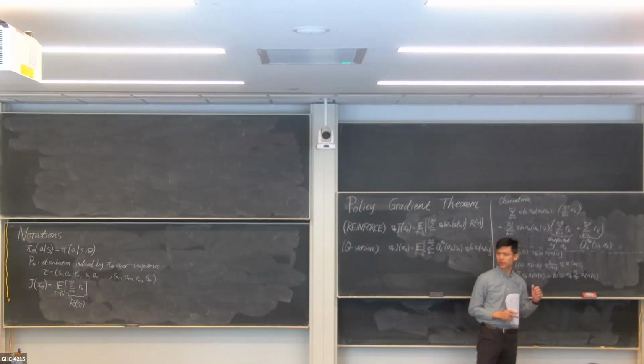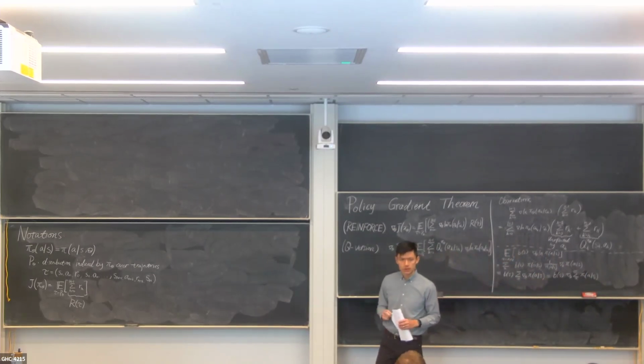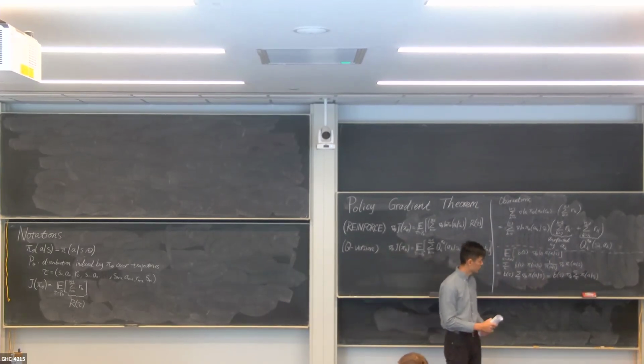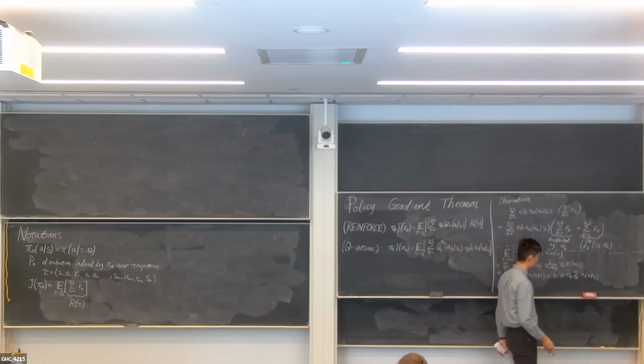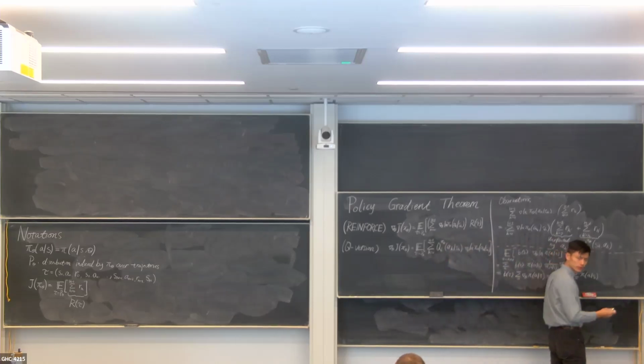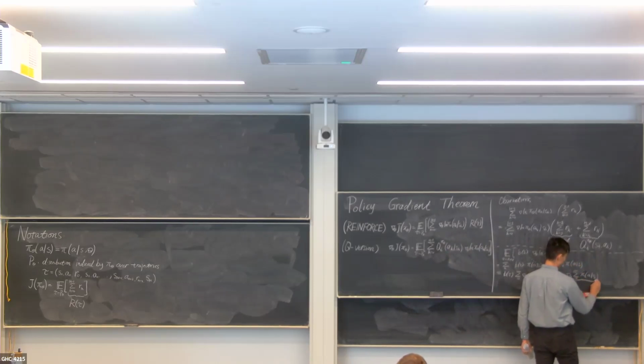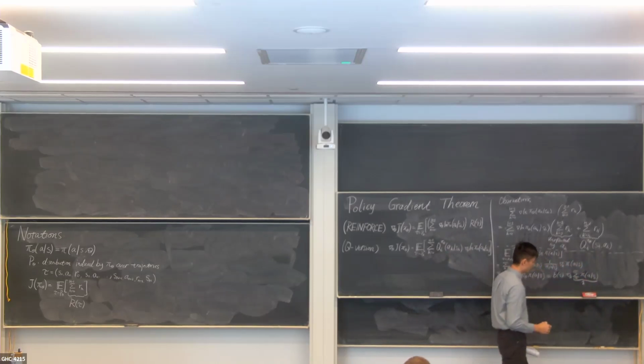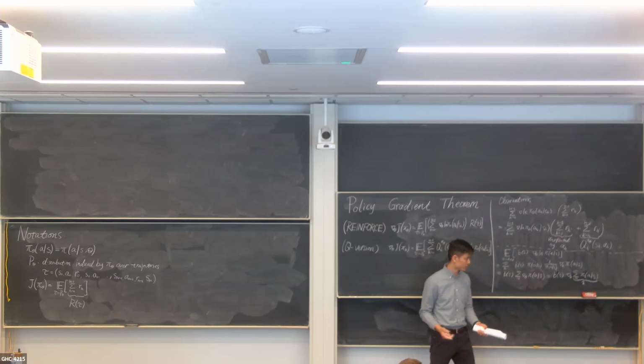What do you think the gradient should be? 0. Why? Because the sum is always 1. Oh, excellent. So as Michael said, I don't actually care about what policy you use.